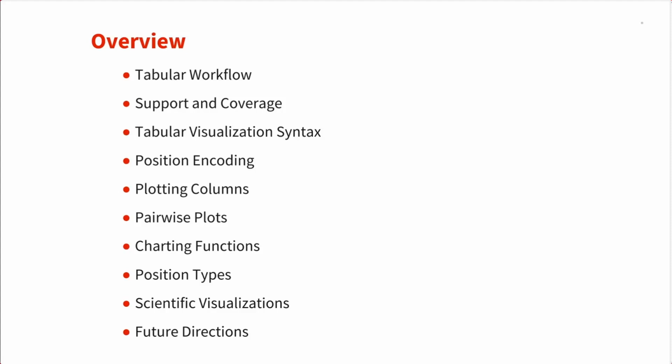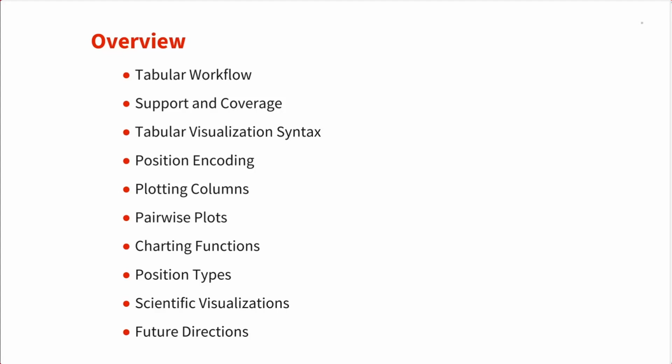I'll pick a few datasets in tabular format to illustrate the different syntaxes that can be used to plot columns. I'll highlight how the interpretation of these syntaxes in different plots can lead to different ways of looking at data and understanding them. We will take a quick look at specialized plots like pairwise plots, which have been updated to work with tabular.